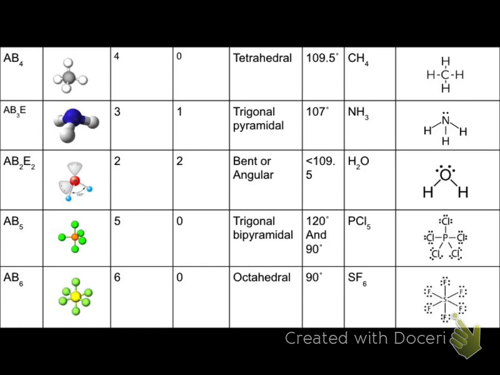So instead of being slightly less than 120, it's now slightly less than 109.5 because those 2 lone pairs exert stronger repulsion forces. Water is a great example of this type of molecule.